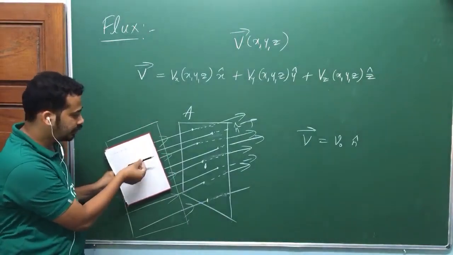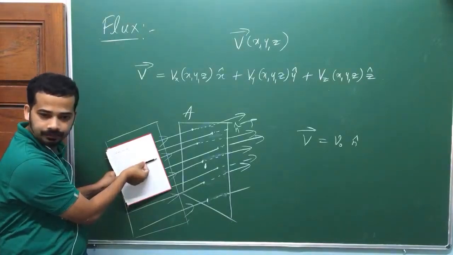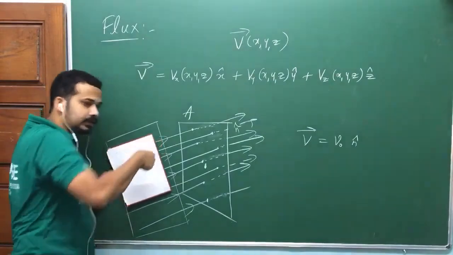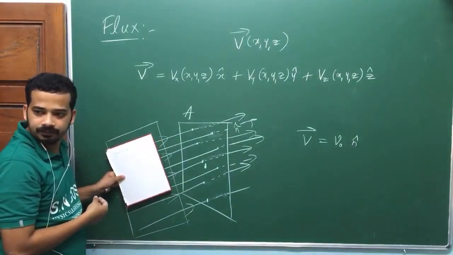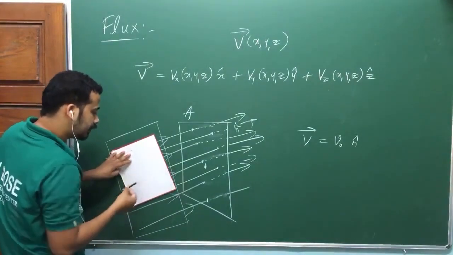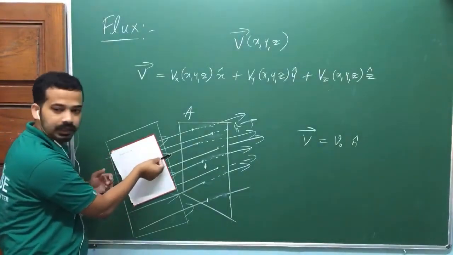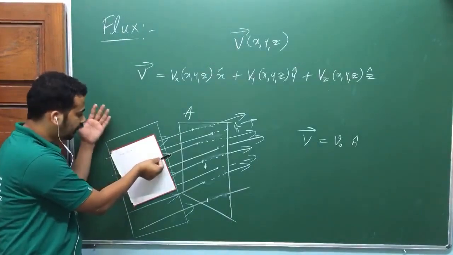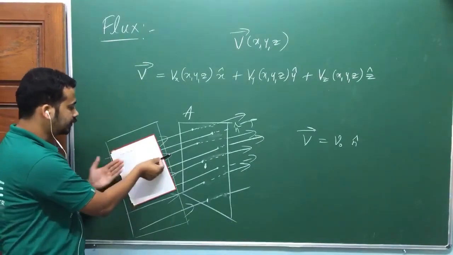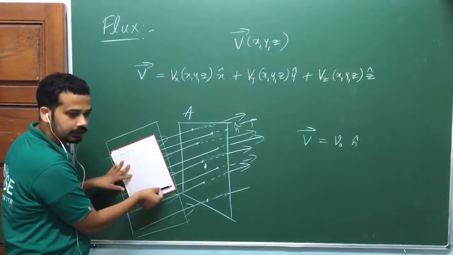Now look here. These field lines are not passing through the surface area. They are grazing the surface area. The surface is parallel to the field lines, or the field lines are actually on the surface.